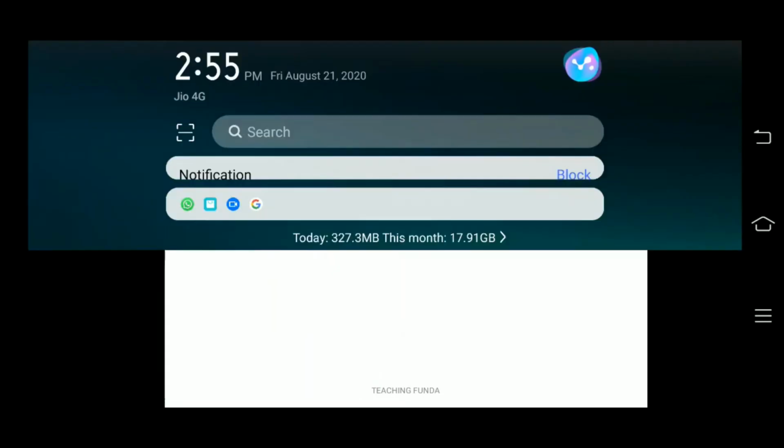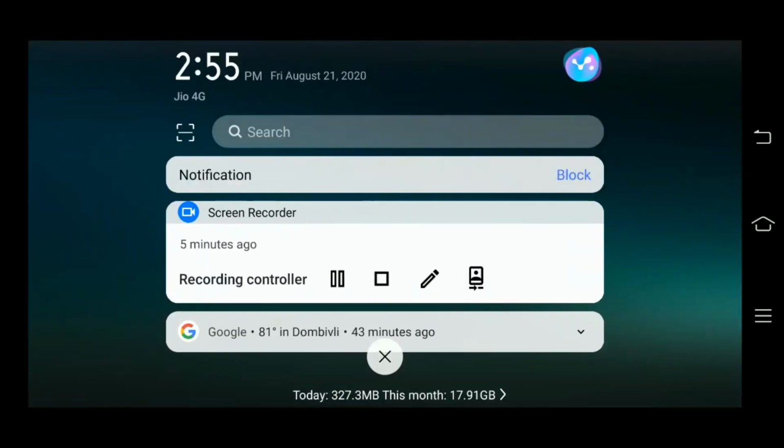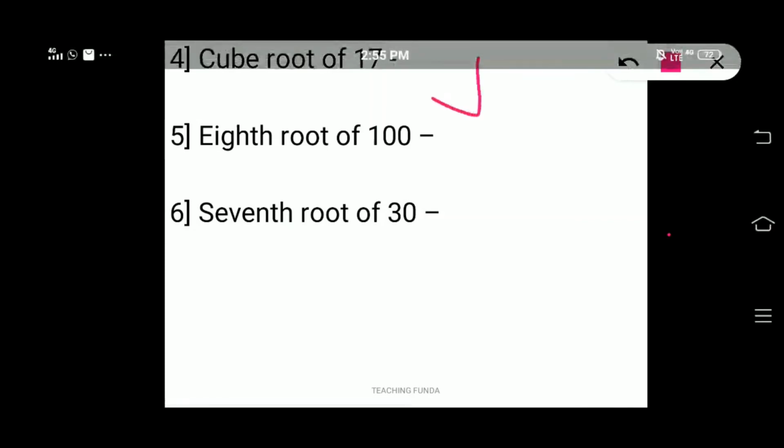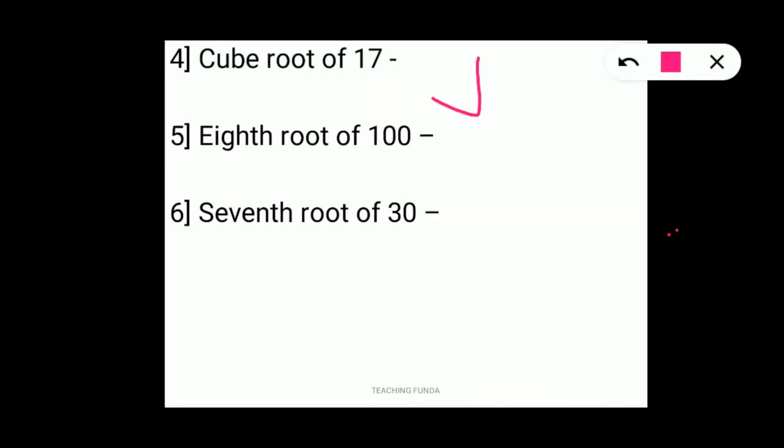Cube root of 17. Cube means already you know that. Cube means 3. Now cube root of 17 means first write 17 here. Which root have they given to you? Cube.